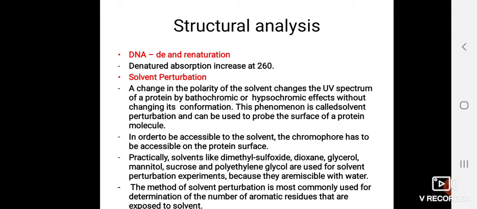And people are also using this in understanding solvent perturbation. Perturbation here means that when you change the solvent polarity, there will automatically be a change in the absorption. In the case of a protein, there will be a bathochromic or hypsochromic effect without changing the conformation. This phenomenon is called solvent perturbation.